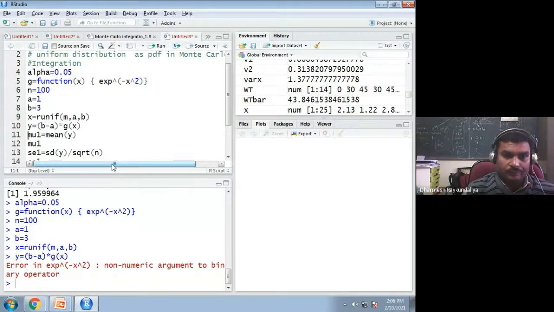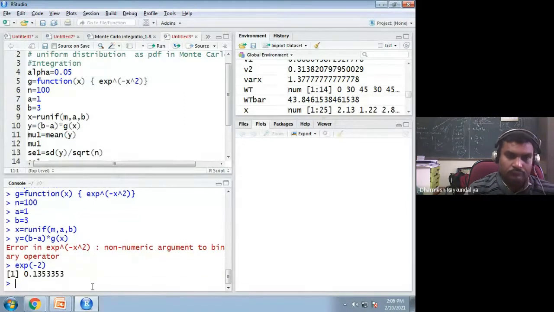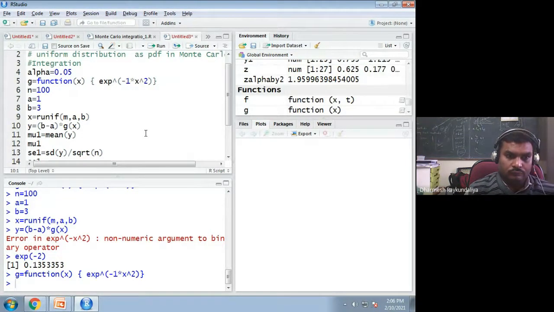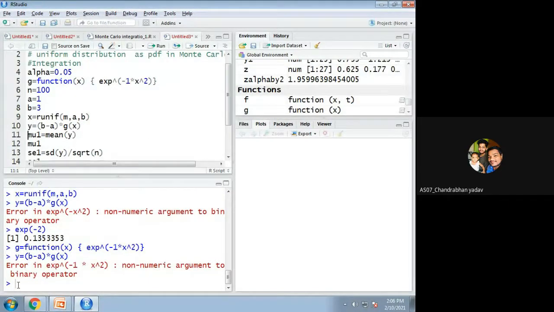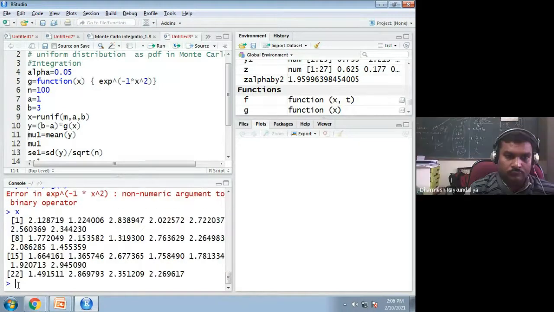So it is saying non-numeric argument. Why? GX डिफाइंड है? हम्म.